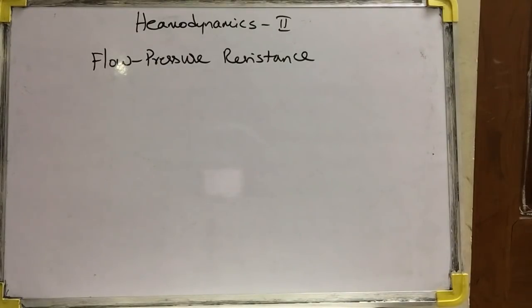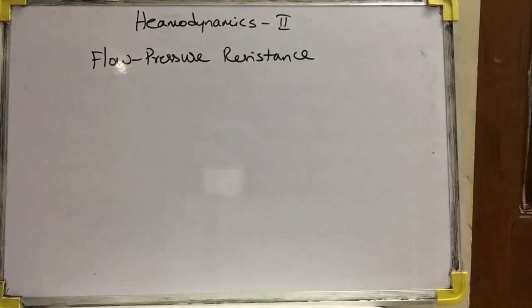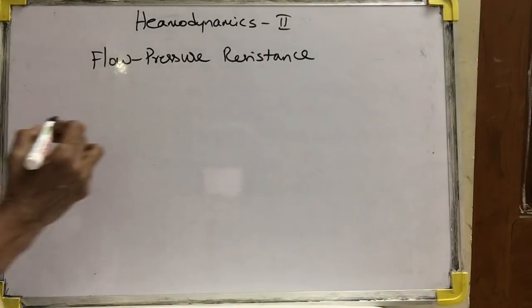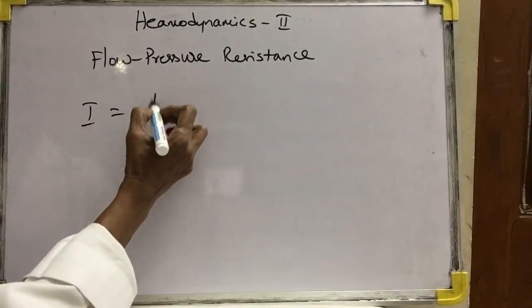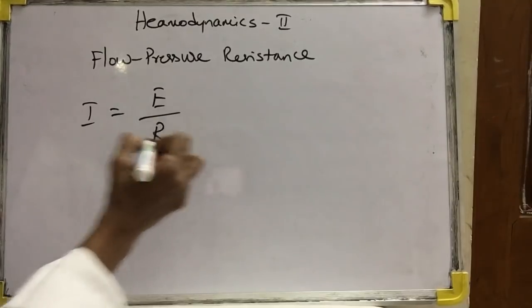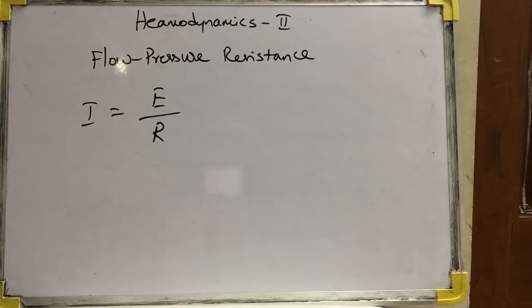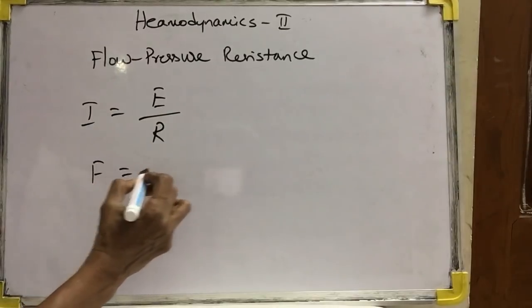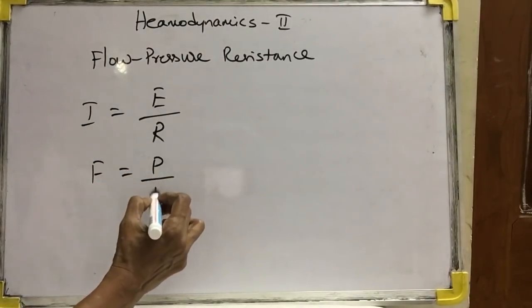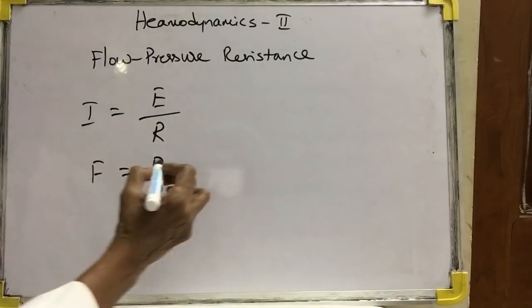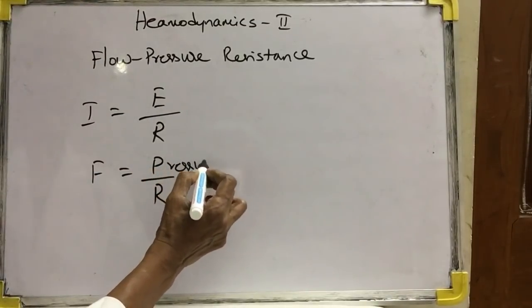If you see an electrical circuit, according to Ohm's law, current is directly proportional to the electromotive force and inversely proportional to the resistance. Whereas in the circulation, flow is directly proportional to the pressure and inversely proportional to the resistance.